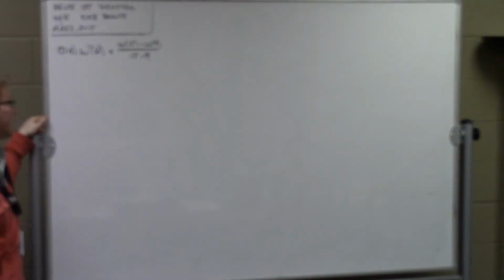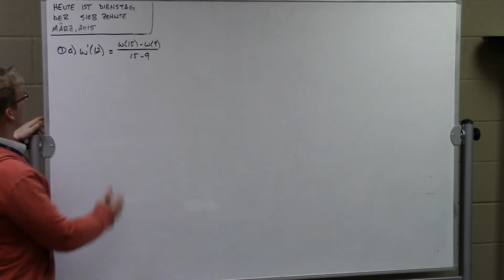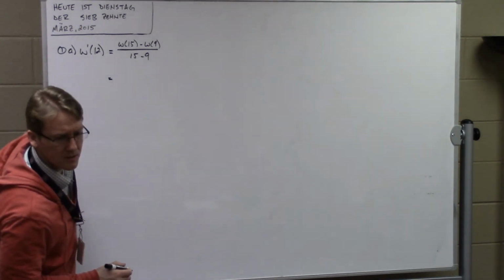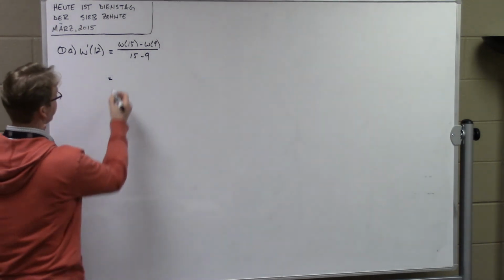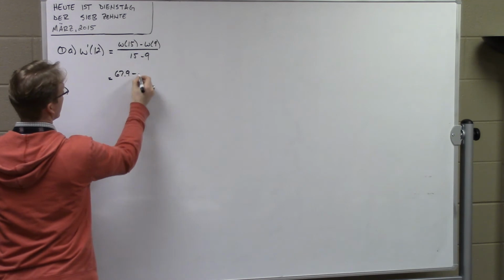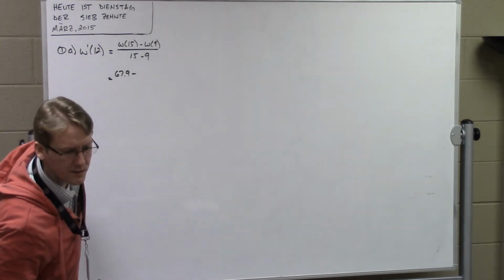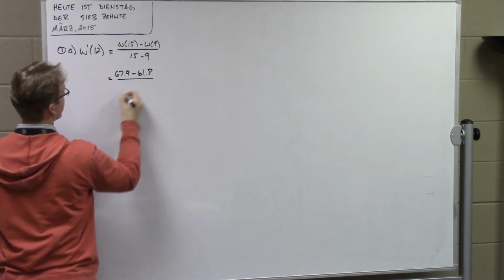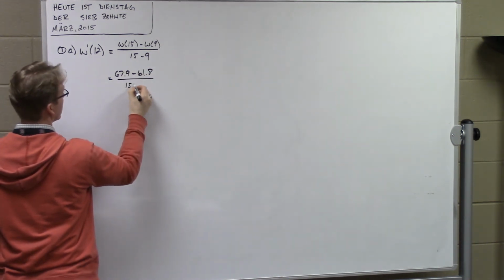You should. This is why I keep hammering them into you on the quest, because this is exactly like you've seen a dozen times. All right, so for us, W of 15 was 67.9. W of 9 was 61.8. And 15 minus 9.